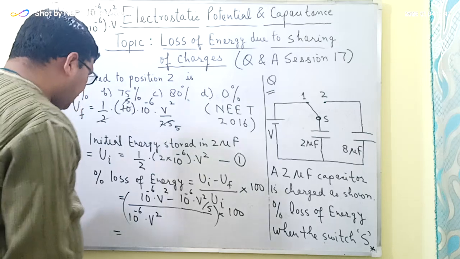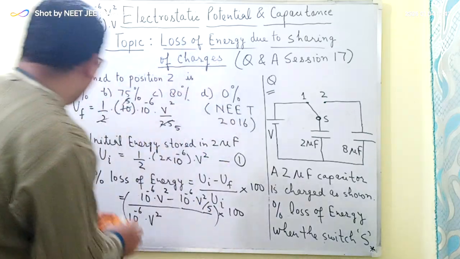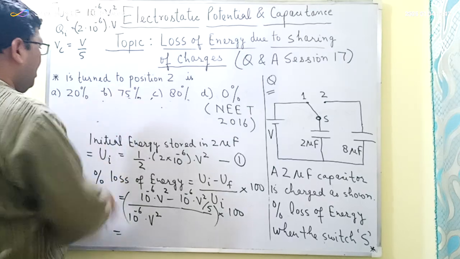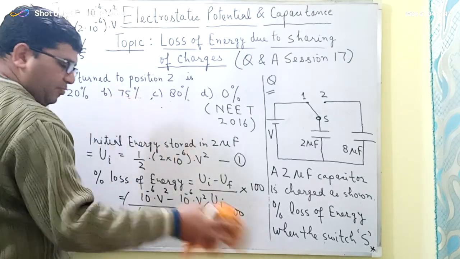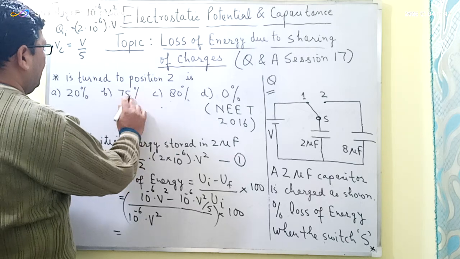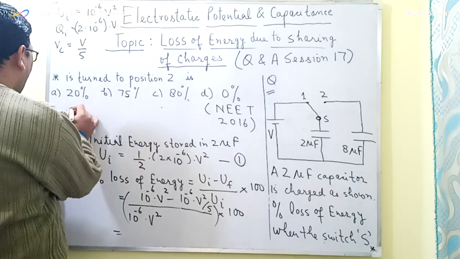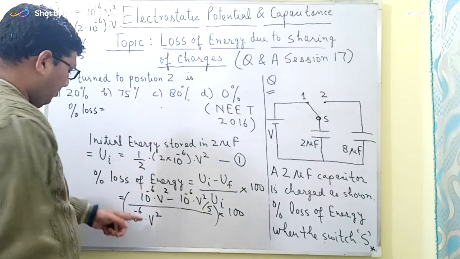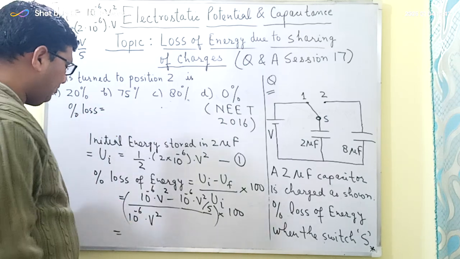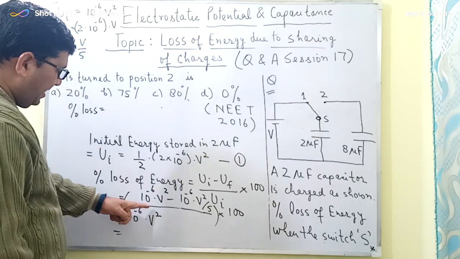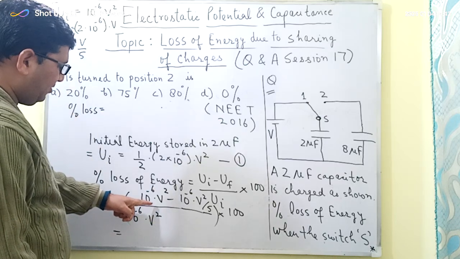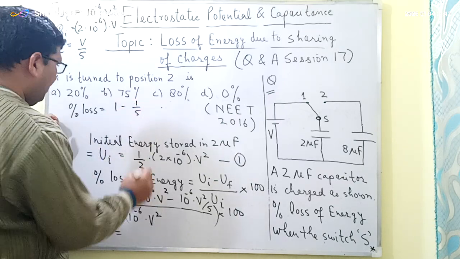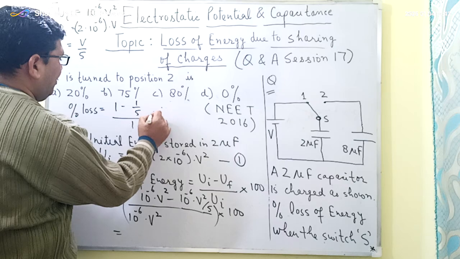So from here, the value of this percentage loss will be equal to, the 10 to the power minus 6 V square is common, so it will be cancelled out, and I will be left with 1 minus 1 by 5, divided by 1, into 100.